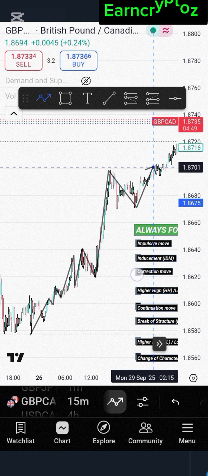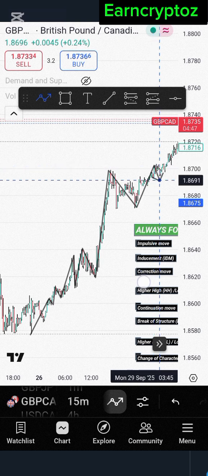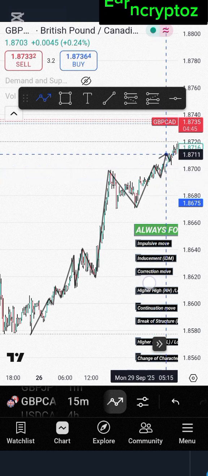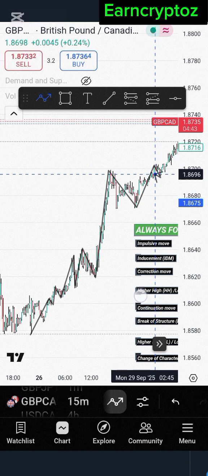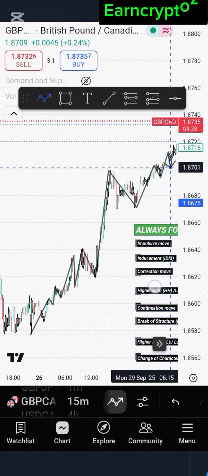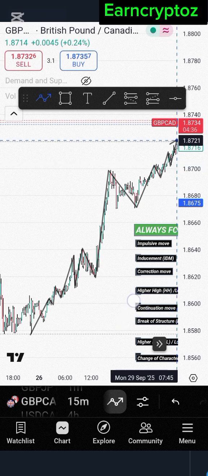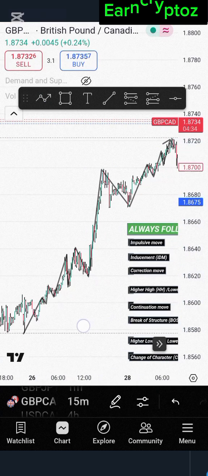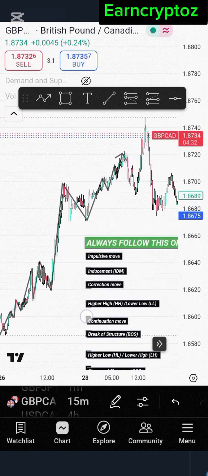It continues, valid pullback. So all of these are still the impulsive move, until we see a correction before we stop. So all of this is still the impulsive move.